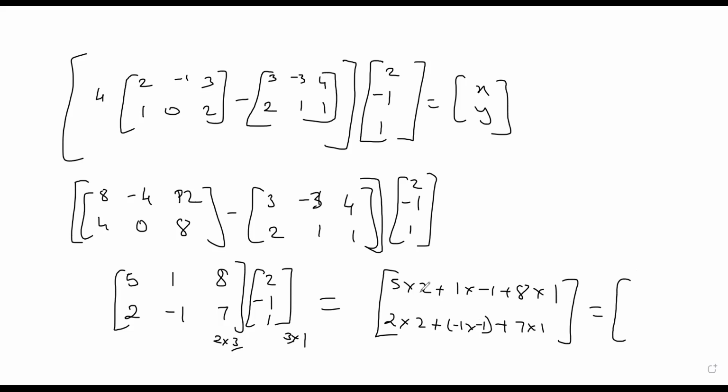This is 10 minus 1, 9, 9 plus 8. This will become 17. And this is 4 plus 1, 5 plus 7. This is 12. So this everything is equal to xy. So x is equals to 17 and y is equal to 12.